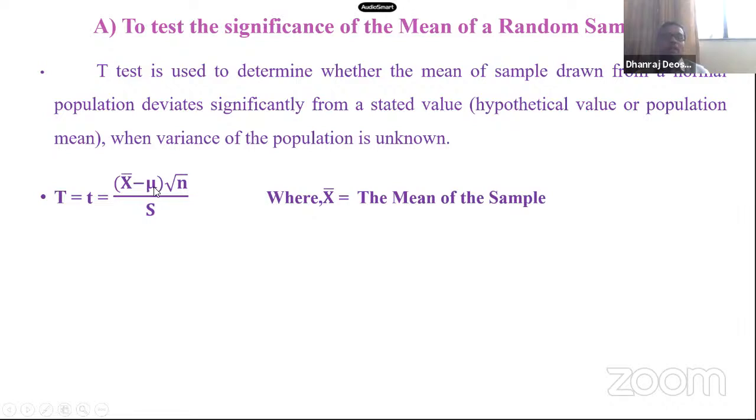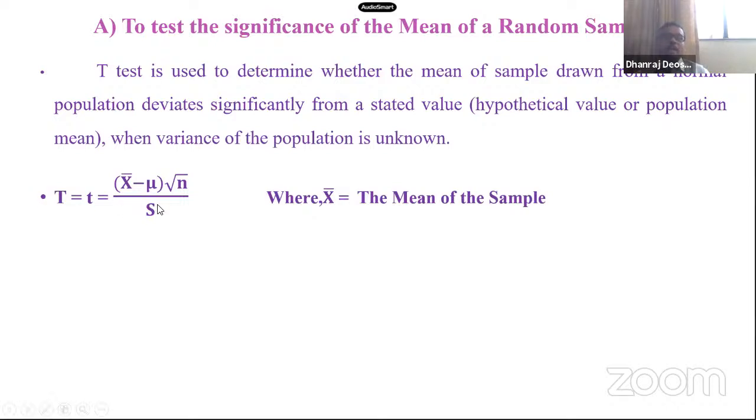Mu is the standard value or hypothetical value, or the population mean. X bar is the sample mean, and mu is the population mean. Then under root n. n is nothing but the size of the sample, the number of observations in your sample, and divided by s.